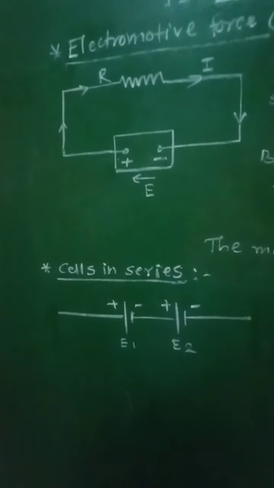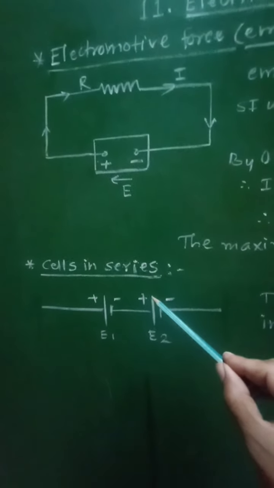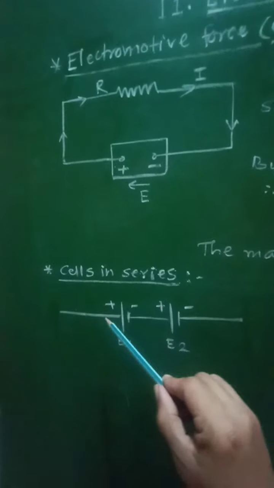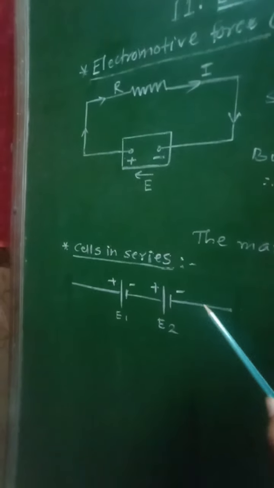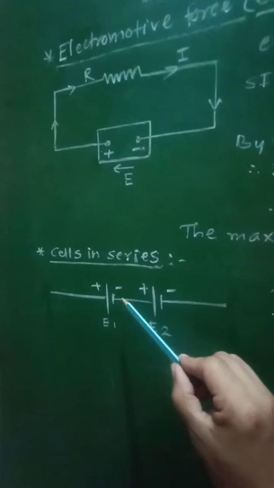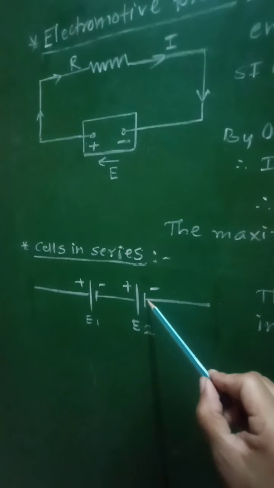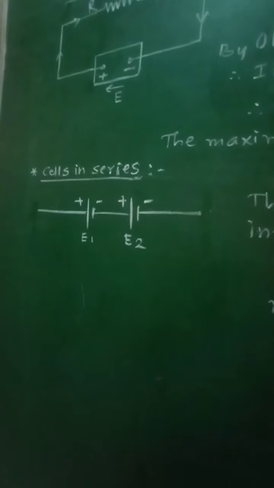In a series combination, the cells are connected in a single electrical path, that is, the negative terminal of the first cell will be connected to the positive terminal of the second, the negative terminal of the second cell will be connected to the positive terminal of the next, and so on. That is, the cells will be connected one by one in a series combination.